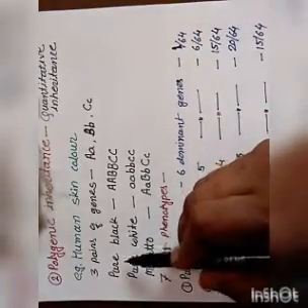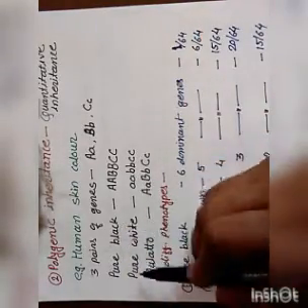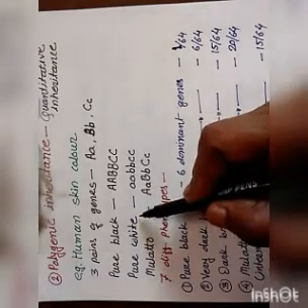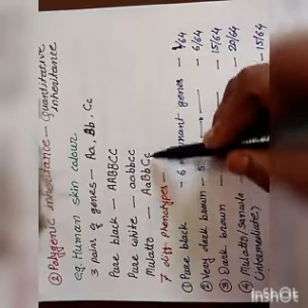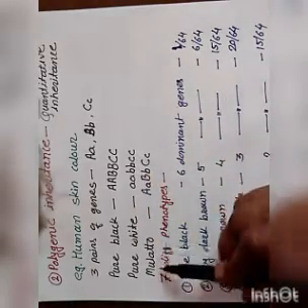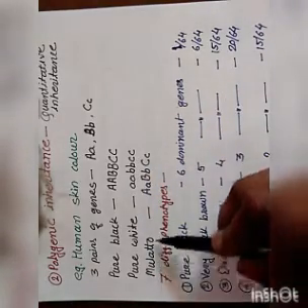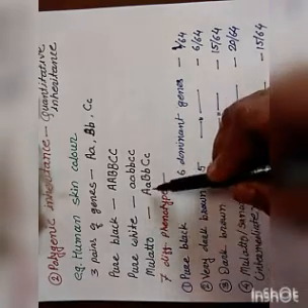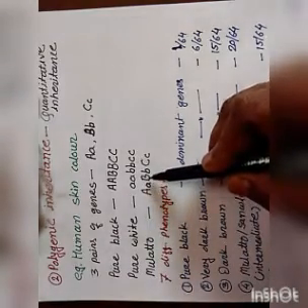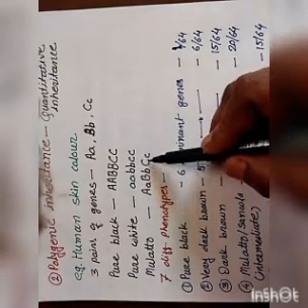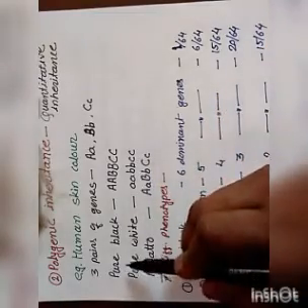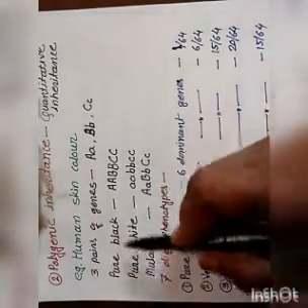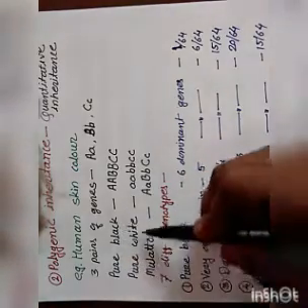When the marriage between a pure black and a pure white individual is carried out, in the F1 generation the intermediate skin color is developed, and these intermediate individuals are called mulattoes. The genotype of the mulatto is capital A, small a, capital B, small b, capital C, small c. These mulattoes lie in between the skin color shades of pure black and pure white.